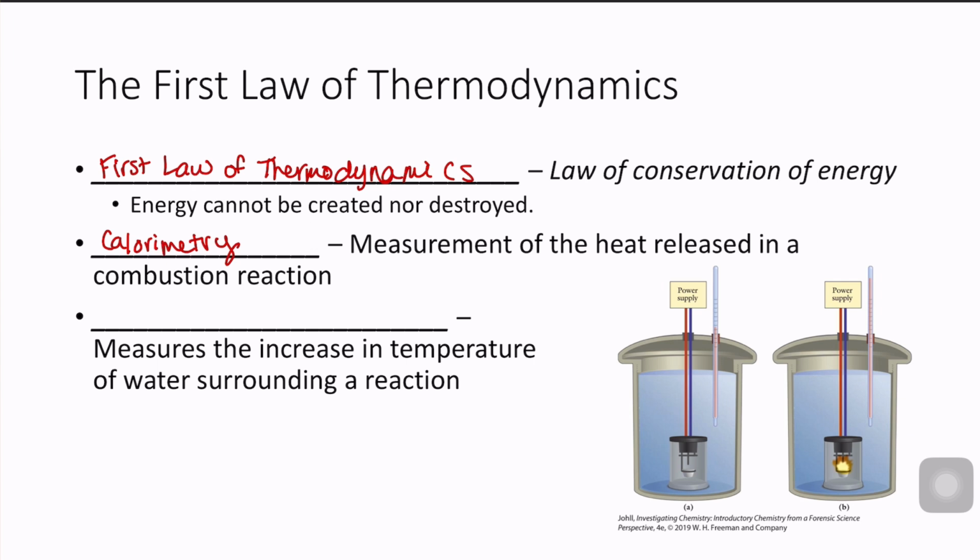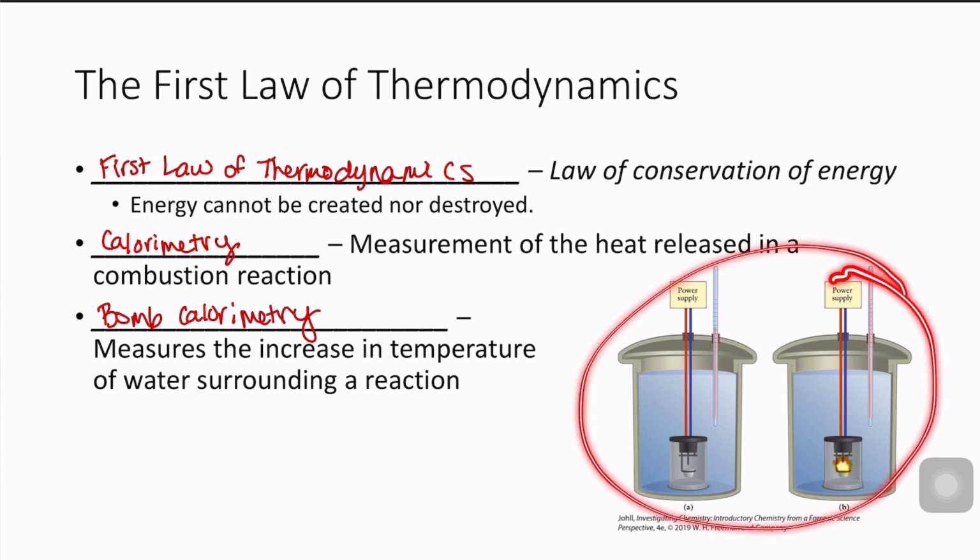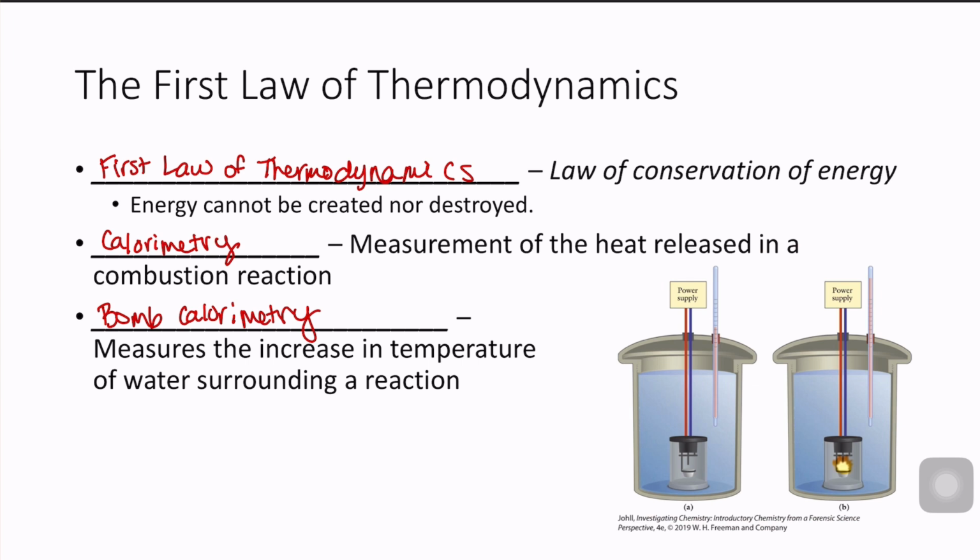Bomb calorimetry is a way to measure how the temperature is going to change when water is surrounding the chemical reaction, the combustion reaction. So this is a bomb calorimeter, if you will, here.